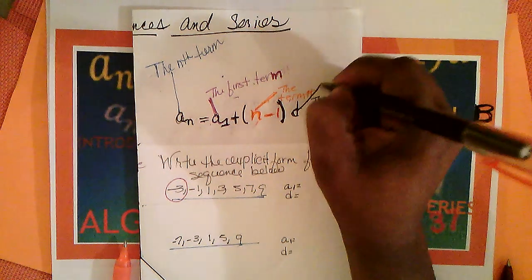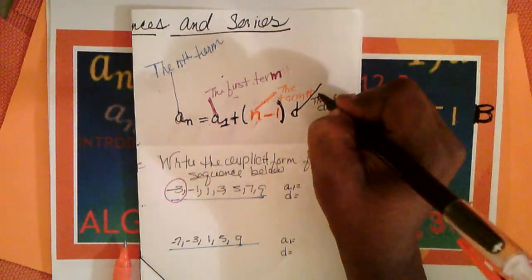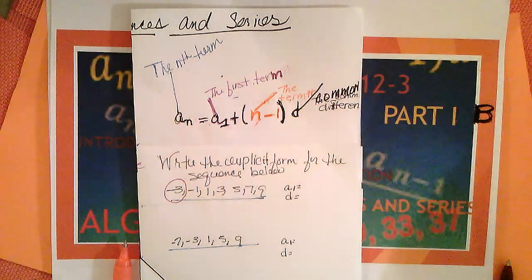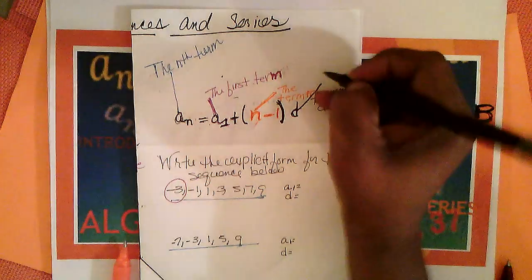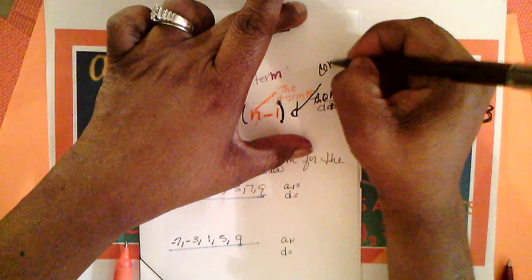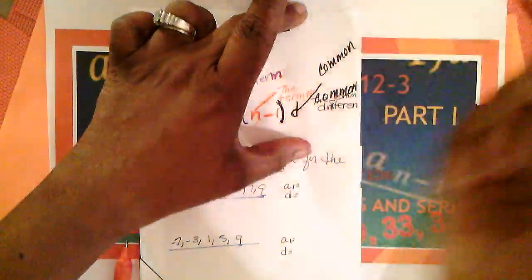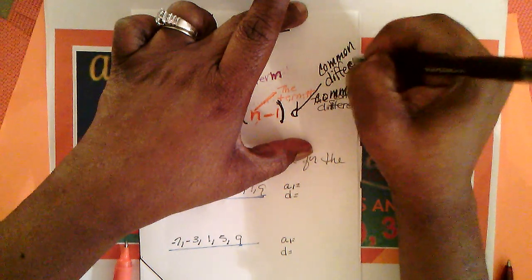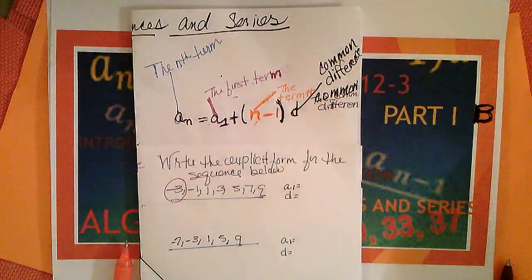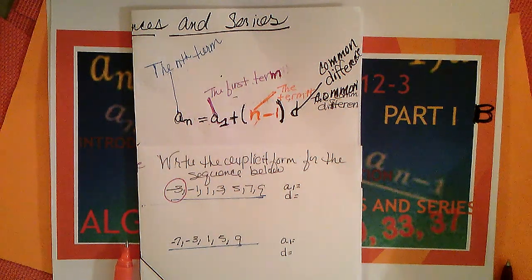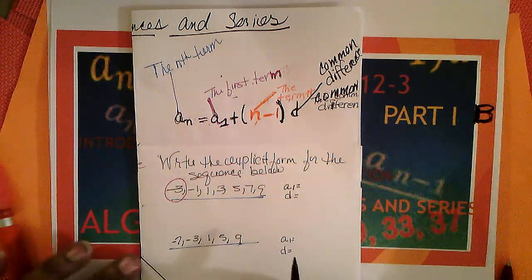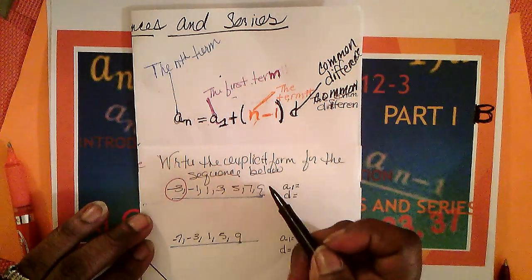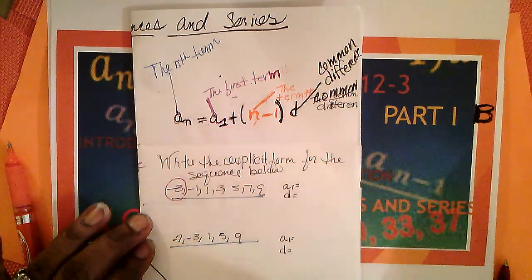So it's the common difference. And remember, we said the common difference is the numbers in between, the numbers before and after, as long as they are the same. It has to be consistent.